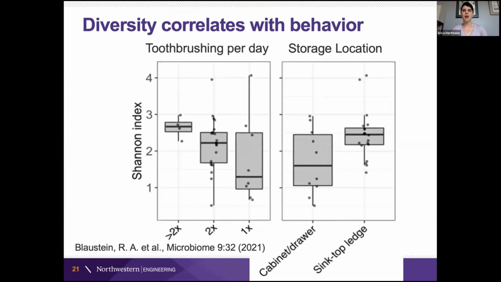Some of the factors that influence diversity on toothbrushes are behavioral factors, like how often you brush your teeth, more than twice a day versus once a day, or where you store your toothbrush: whether you're keeping it in an enclosed environment like a cabinet or a drawer, or leaving it out on the vanity in your bathroom.